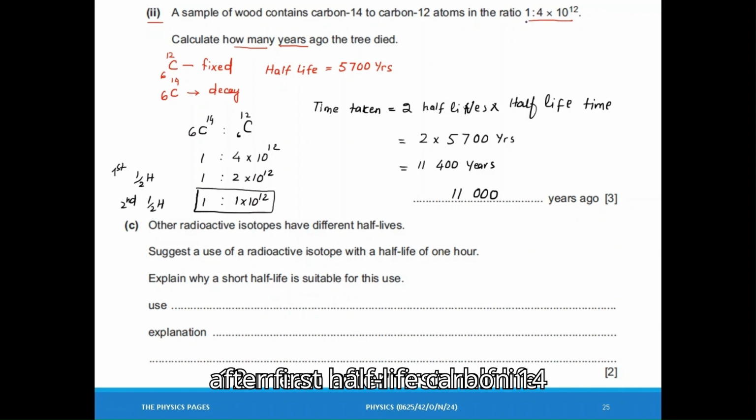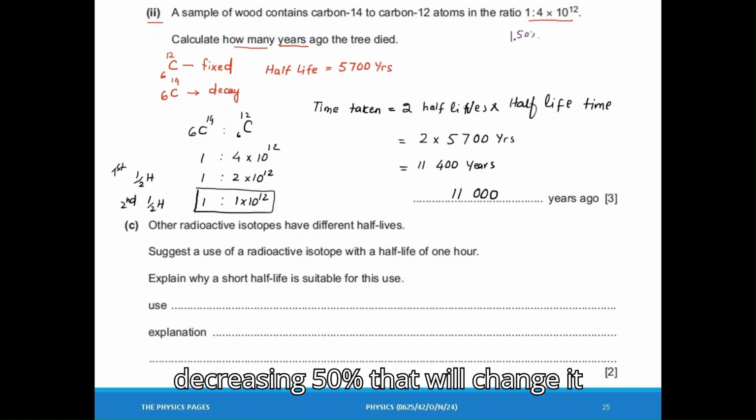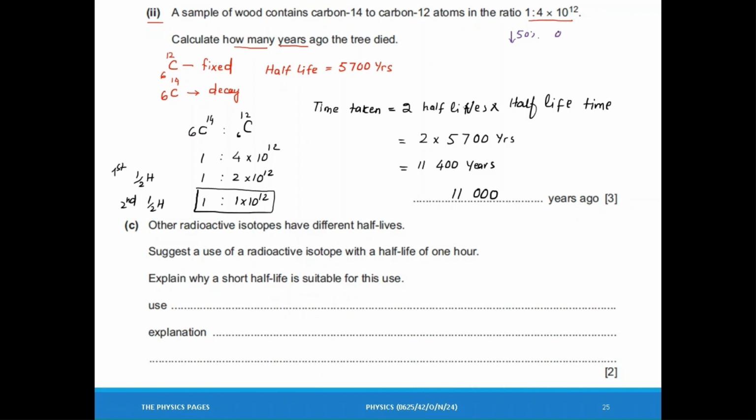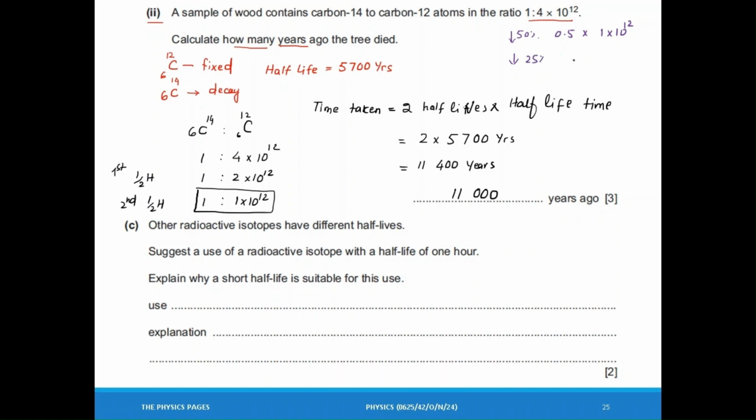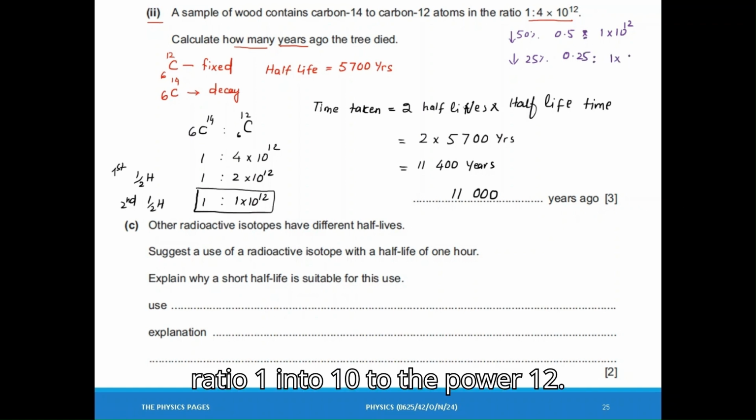After the first half life, carbon 14 decreases by 50%, so that will change into 0.5 times 1 into 10 to the power 12, and after the second half life it will decrease to 25%, that is 0.25 times 1 into 10 to the power 12.